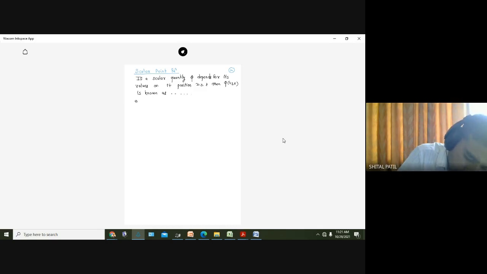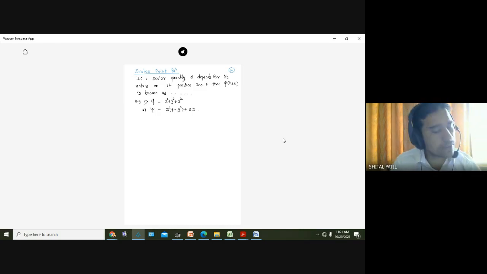For example, phi equal to x square plus y square plus z square. One more, psi equal to x square y minus y square z plus zx. These are the scalar point functions.